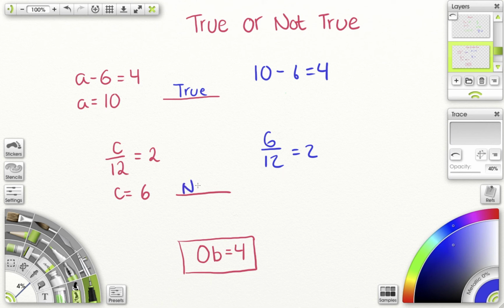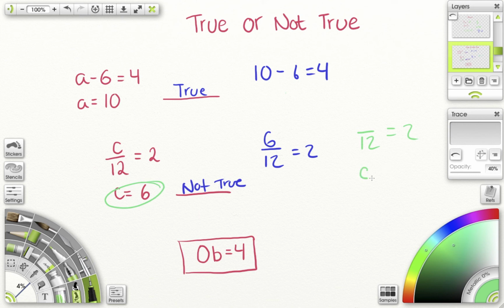What can I do to this problem to make it true? That's going to be the second part here: if the statement is not true, what do we have to do to it to make it true? So the 12 and the 2 need to stay the same. I cannot change these, but I can change what c equals. I can change this part.